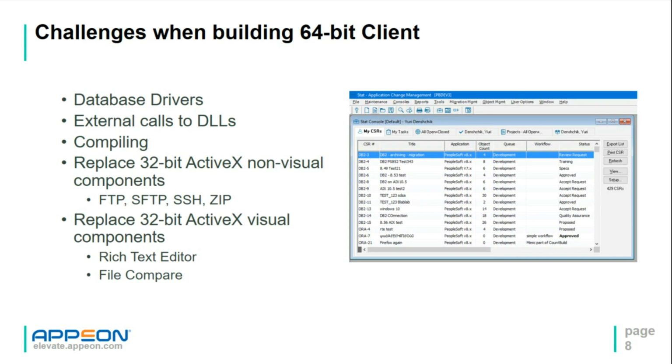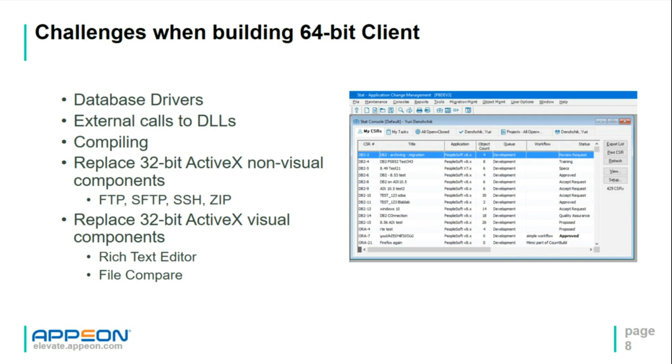The biggest challenge was to replace visual 32-bit ActiveX components. We had a RichTextEditor, we used TXText, and we used a spell checker. We also had a file compare tool.